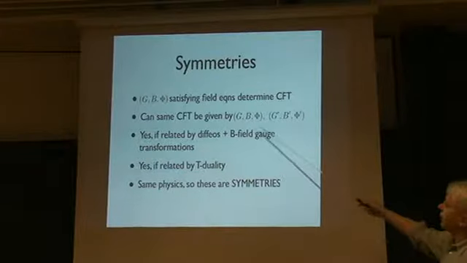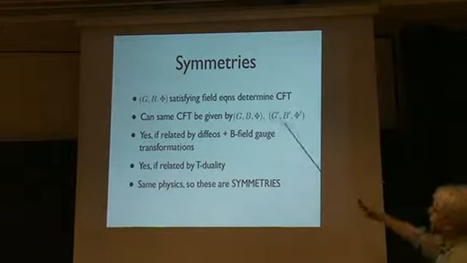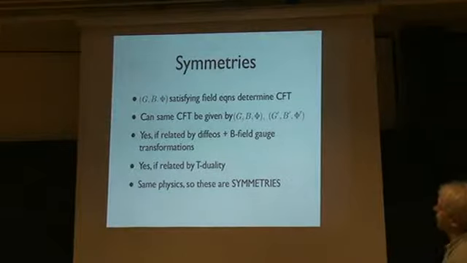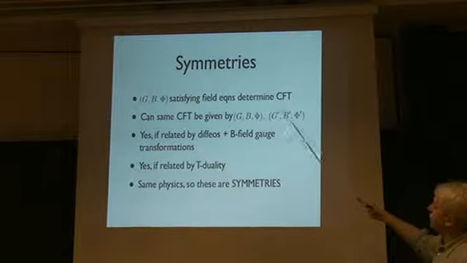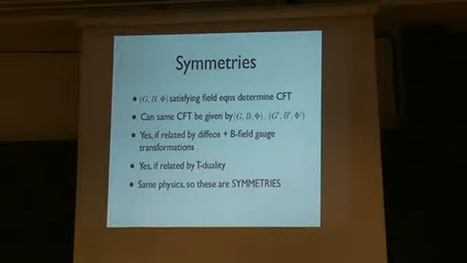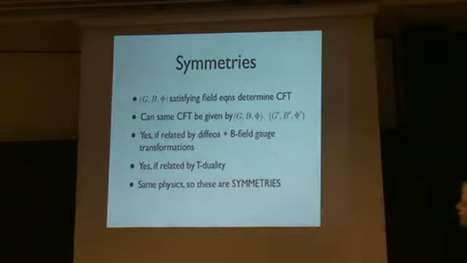But in string theory, the same conformal field theory can be determined by two different sets of data if they're related by a T-duality symmetry, and I'll say what that is in a moment. So although they would determine different spacetimes from the point of view of general relativity or supergravity, they determine the same quantum two-dimensional field theory, and so determine the same string theory background.